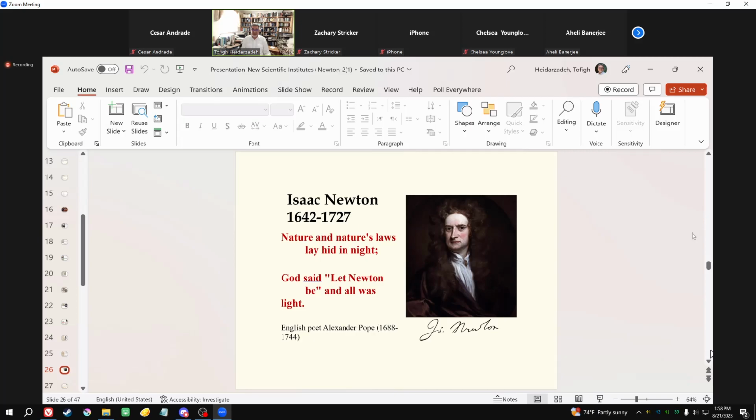So it is not just exaggeration about the role of Isaac Newton that Alexander Pope says that God said, let Newton be, and all was light.